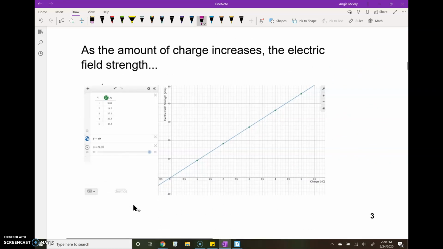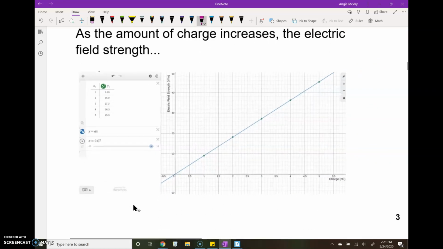All right, and then one more relationship that I asked you to graph. As the amount of charge increases, the electric field strength increases proportionally. So this person got electric field strength equals 9.07 times charge.